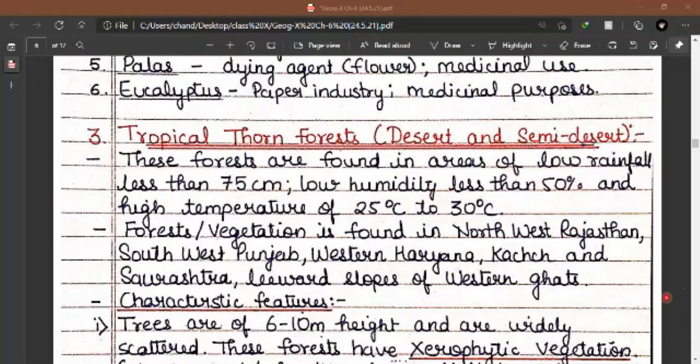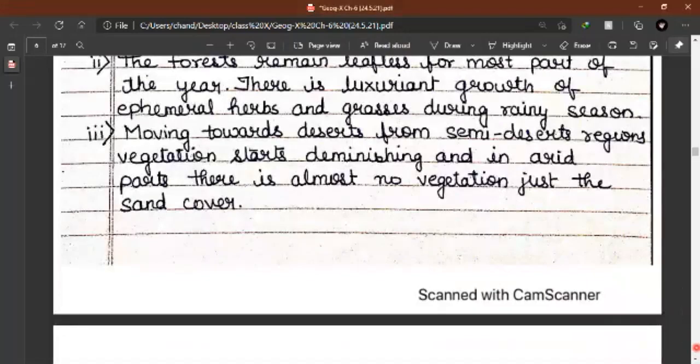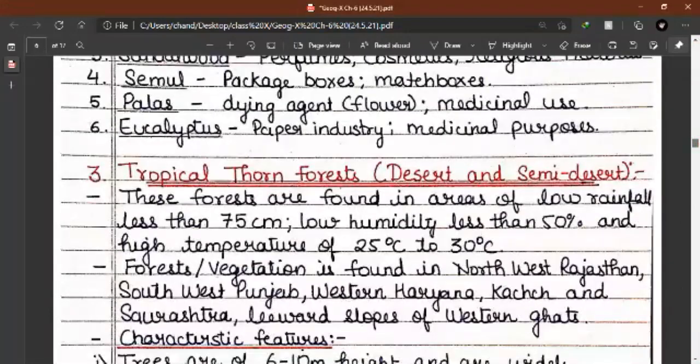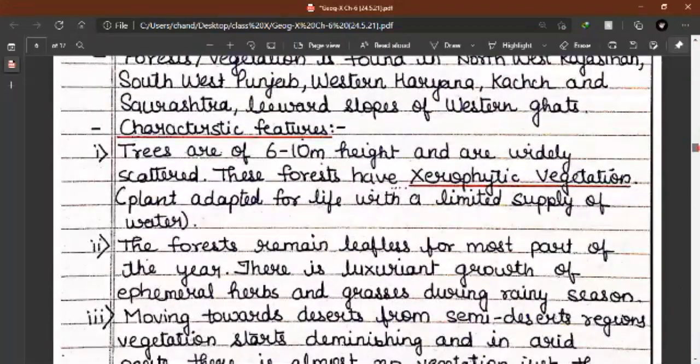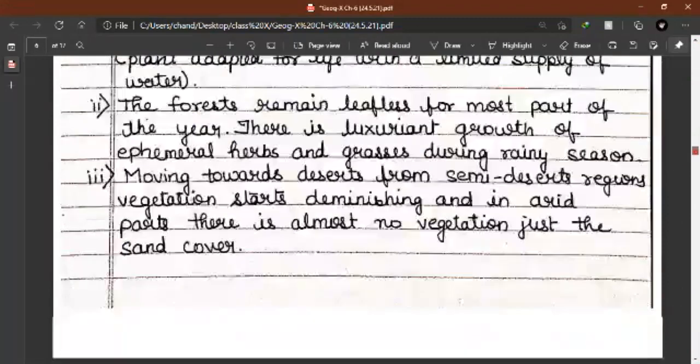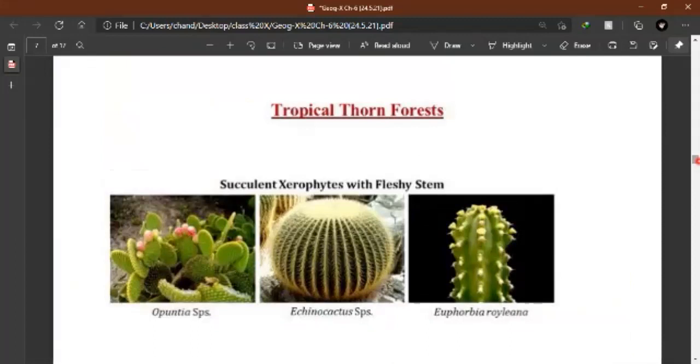Now, the characteristic features of these forests. Number 1, trees are of 6 to 10 meter height and are widely scattered. These forests have xerophytic vegetation. Second, the forests remain leafless for most part of the year. There is luxuriant growth of ephemeral herbs and grasses during rainy season.